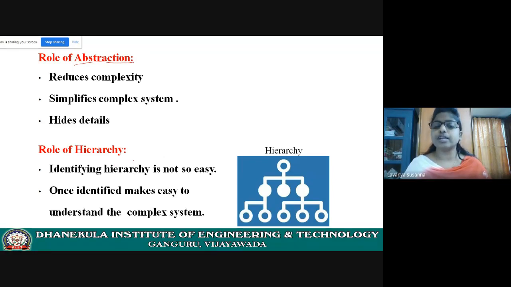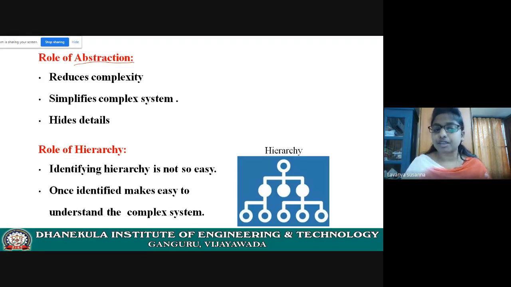When these components are arranged in a hierarchical structure, only then can you understand the system or the components. You can study each and every part of the complex system only when they are arranged in a hierarchical fashion. Remember that if there is no hierarchy, you cannot analyze the system or study each and every part of the complex system.